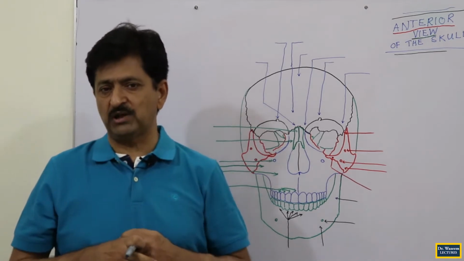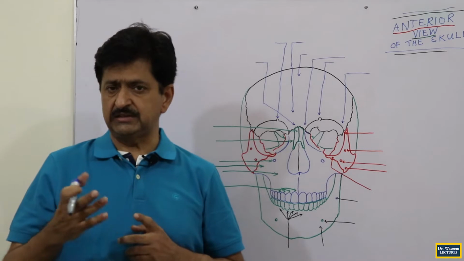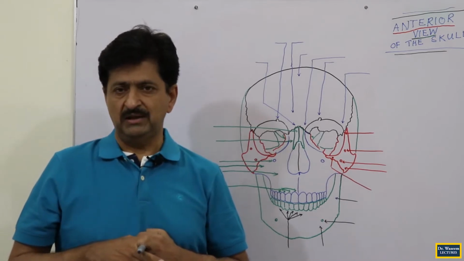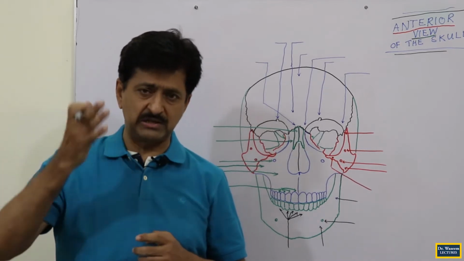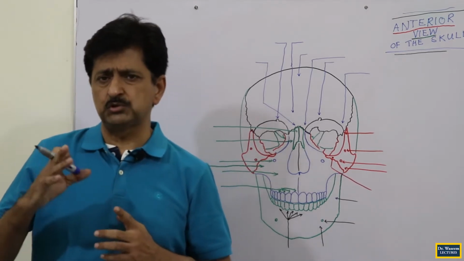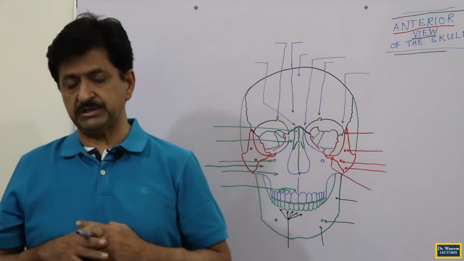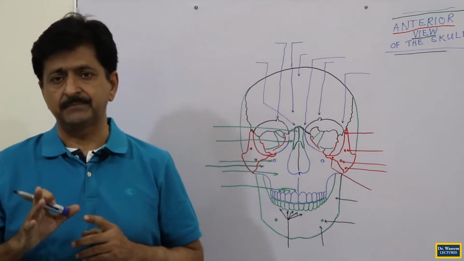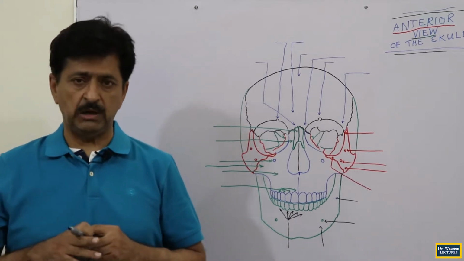Many aspects of this bone are there, but it is a single bone. The occipital bone is a single bone. The mandible itself is a single bone. But the rest of the bones are mostly paired bones. In all, there are 22 bones joined together by means of sutures.